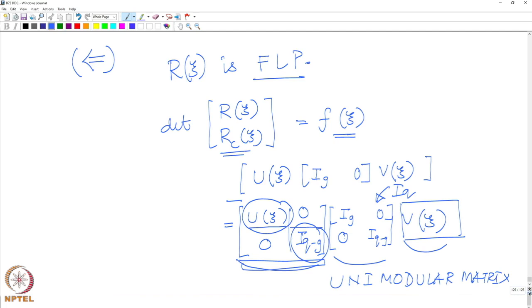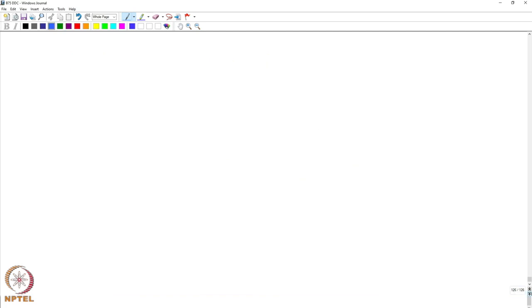So now, what have we done? R xi is equal to U psi I q 0 V xi. To this I do the following.